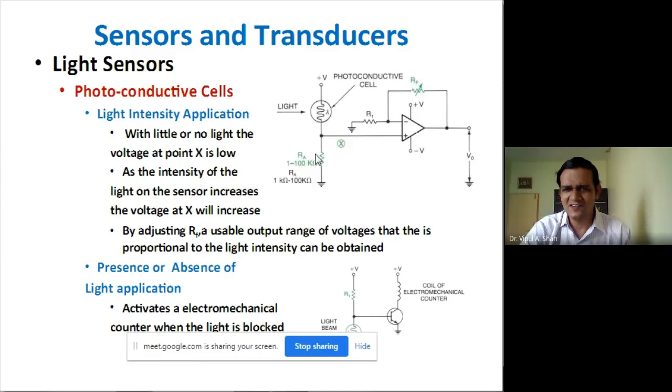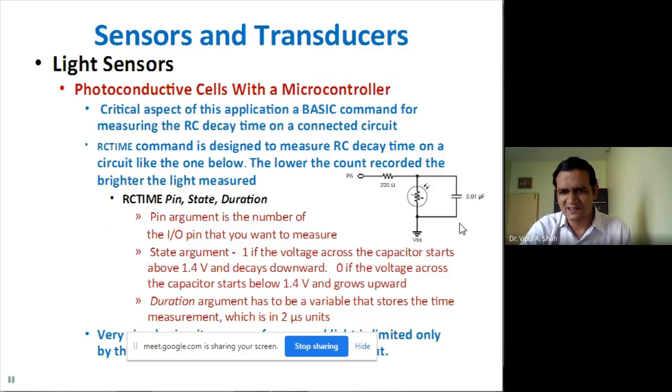Now, further, we have this open base circuit, through which we can monitor and control whatever change occurs in the light falling on this particular photoconductive cell. And finally, we can generate that voltage as output signal, which can be calibrated in terms of the temperature or light source itself.